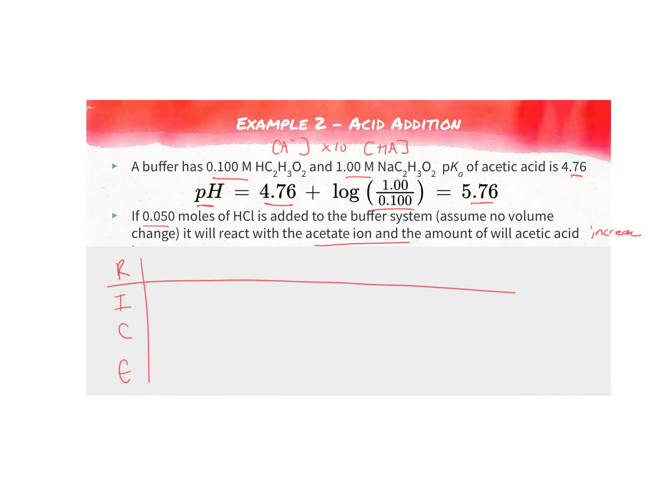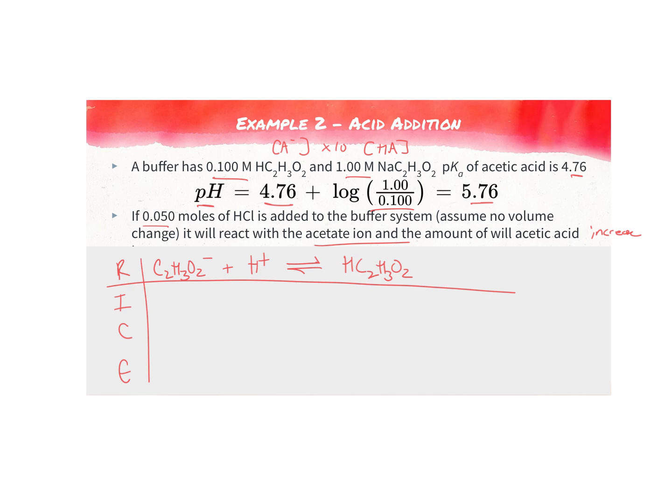Our reaction here is, because we're adding acid to it, it reacts with the conjugate base. And so C2H3O2 minus plus H plus reacts to form HC2H3O2, right? I can do this with H3O plus and water, but for the sake of simplicity, I won't do that.